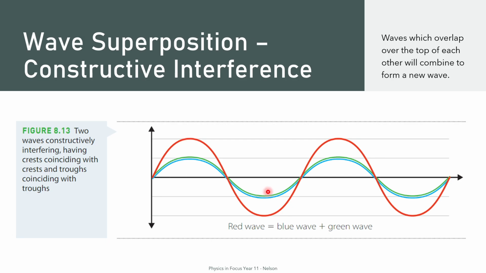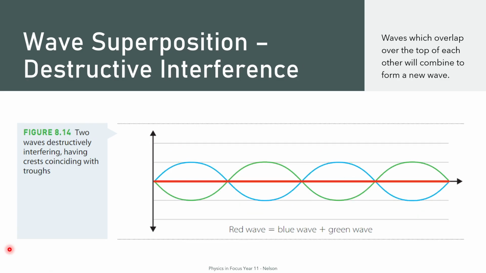And on the flip side, we can add these two waves together when they're both -1, resulting in a wave that has this trough here of -2. We call this kind of interference constructive interference because both the green and the blue wave are building on each other. They're amplifying their wave.